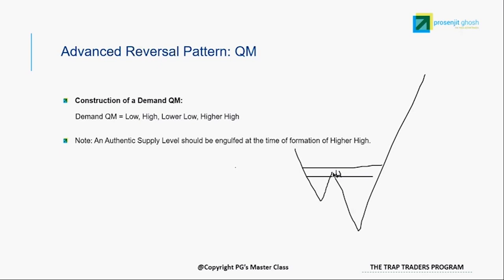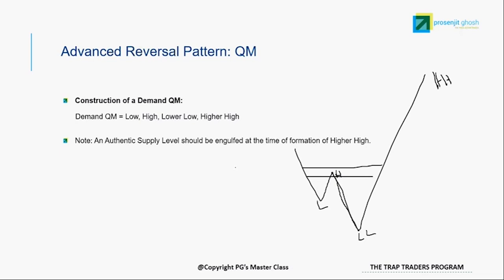So price moves up, hits the authentic supply, comes down, and this supply can be a break limit zone as well, right? And then price moves up and creates a higher high.